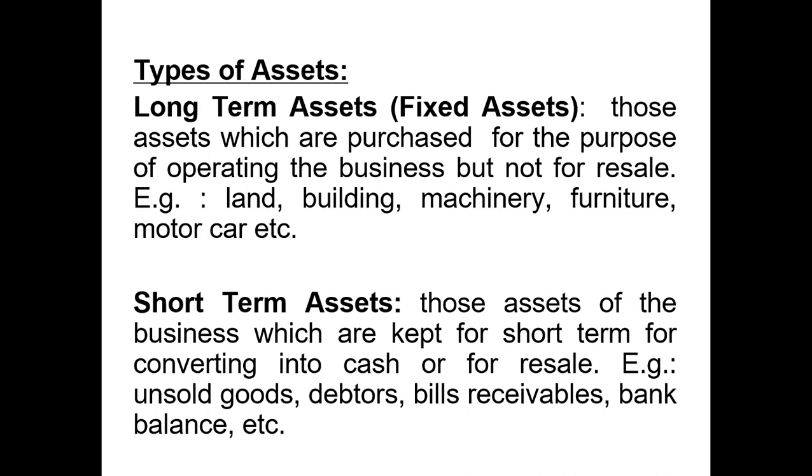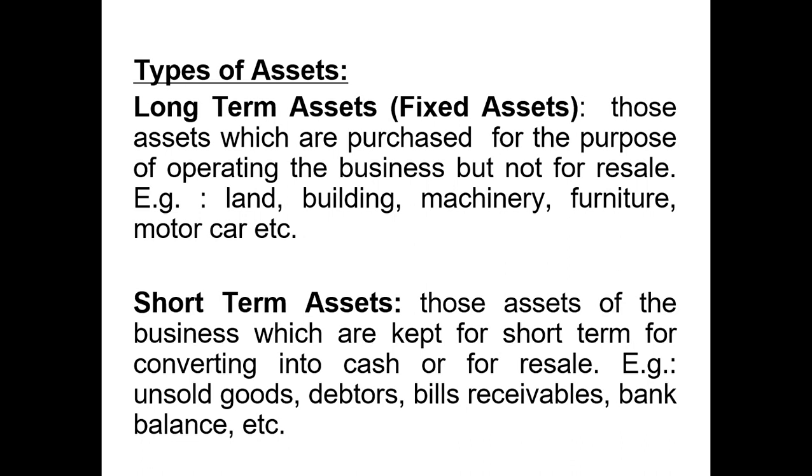Those assets which are purchased for the purpose of operating the business, not for resale. For example, land, building, machinery, furniture, motor car, etc. All such assets which provide longer period benefit are long-term assets.